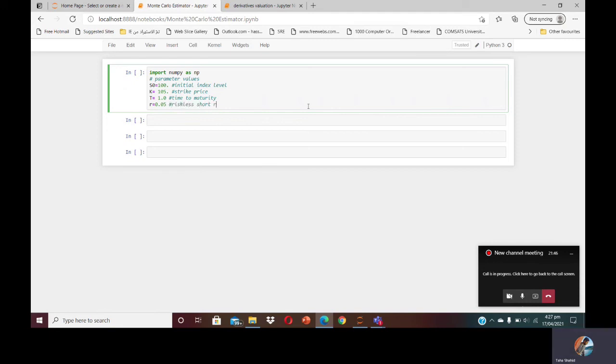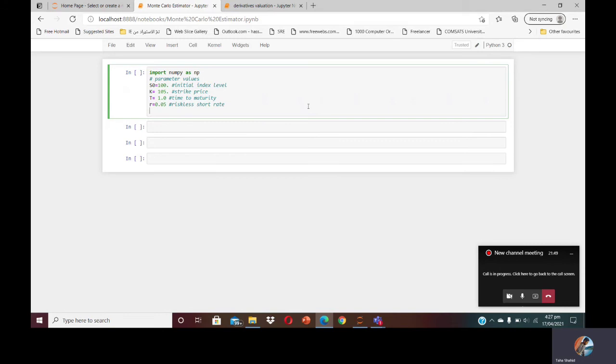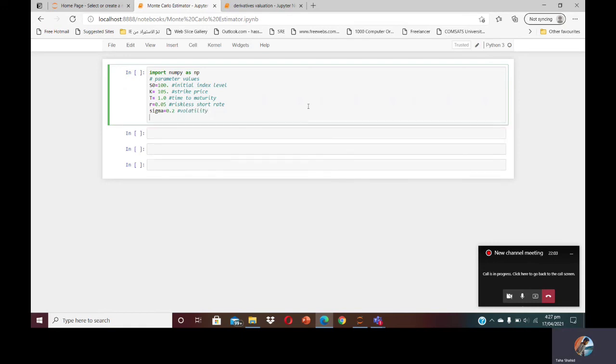Riskless short rate. Okay, that's fine. Then we will set sigma. Sigma means volatility, equal to 0.2. Volatility.